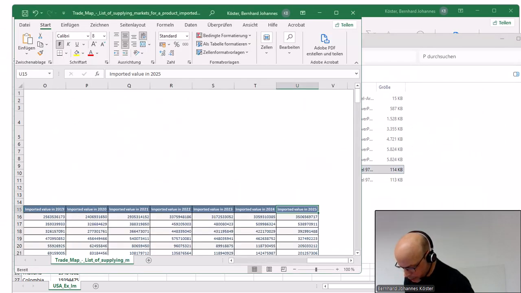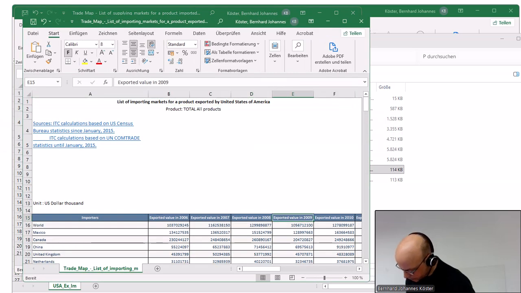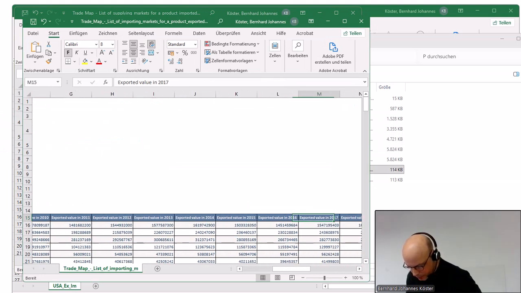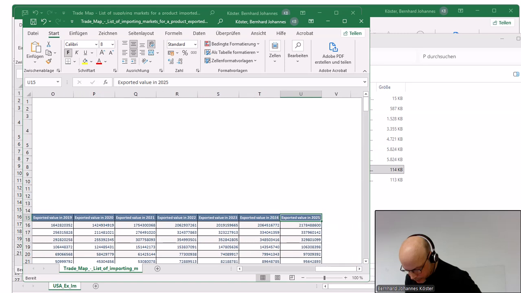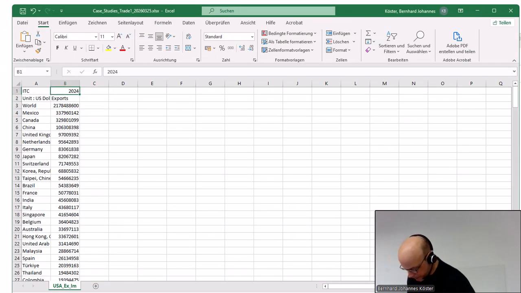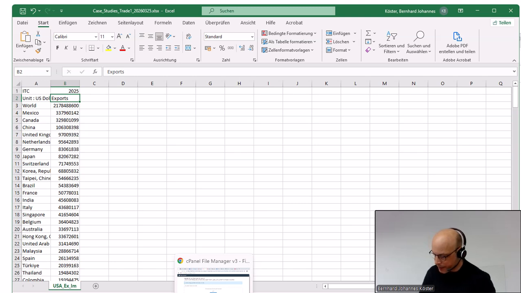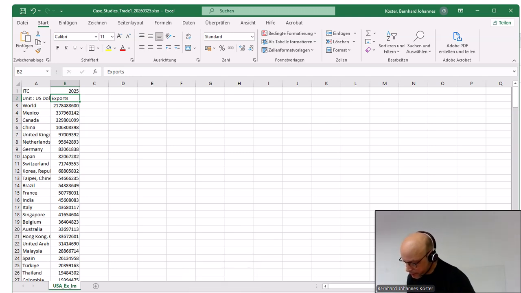Again, opening. Sometimes, oh, it is 25. I already copied the 25 data. Sometimes, since the end of 25 is just 3 months away, you find for some country not already a data point for 25.